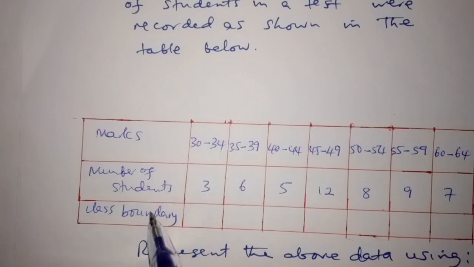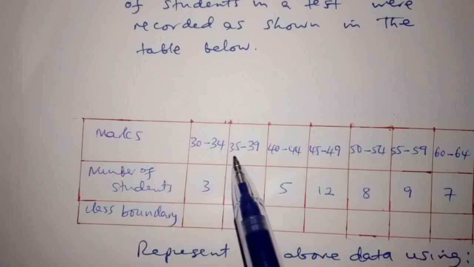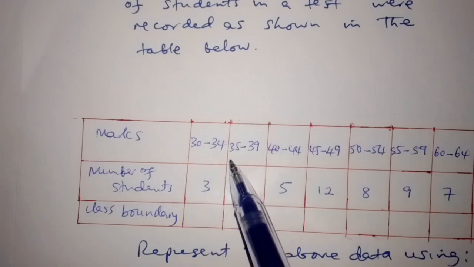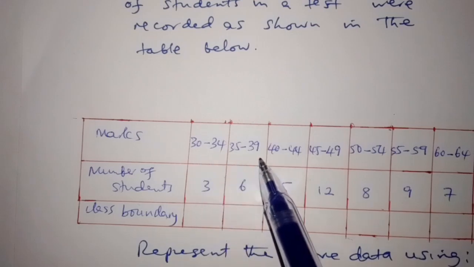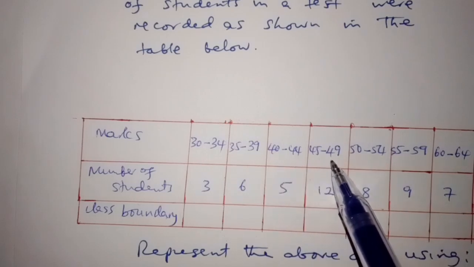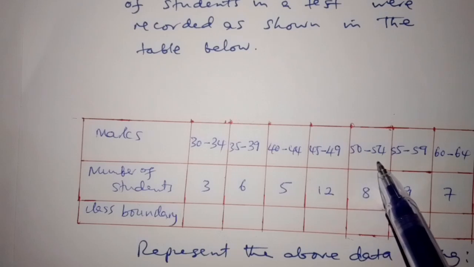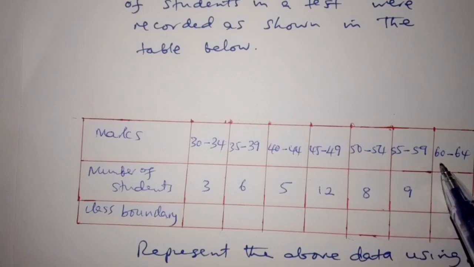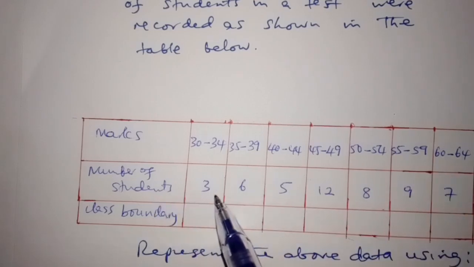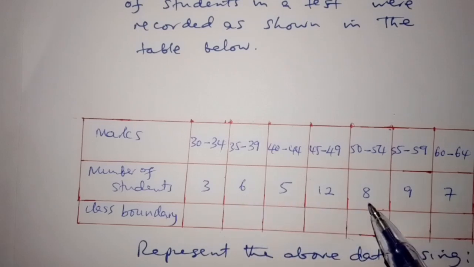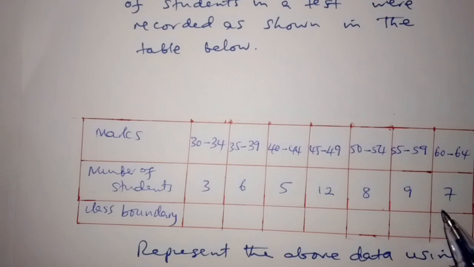Marks, number of students: 30 to 34, 35 to 39, 40 to 44, 45 to 49, 50 to 54, 55 to 59, 60 to 64. Number of students: 3, 6, 5, 12, 8, 9, 7.